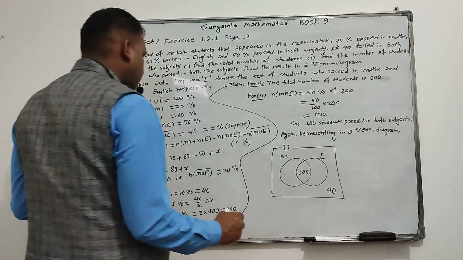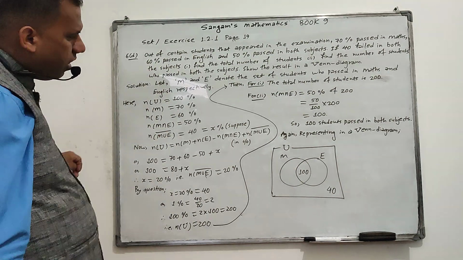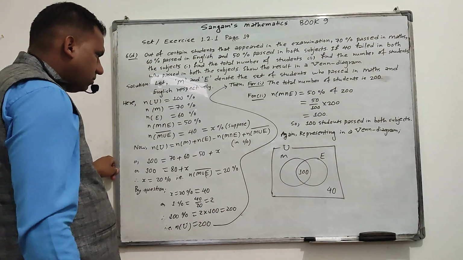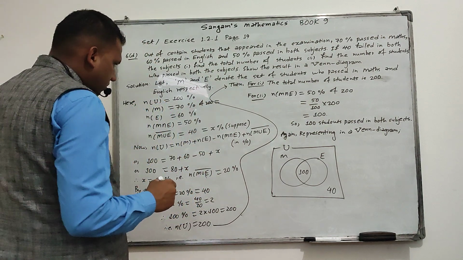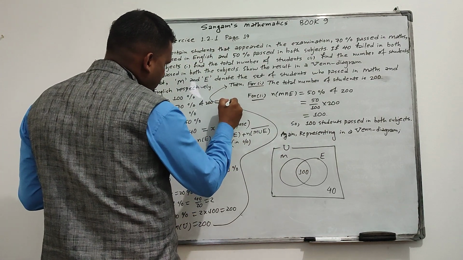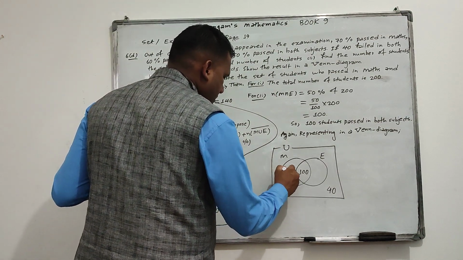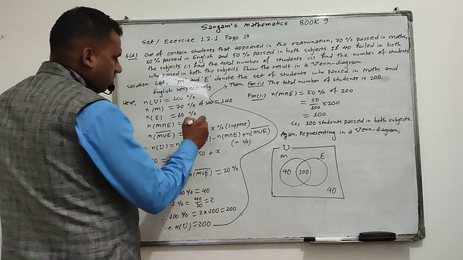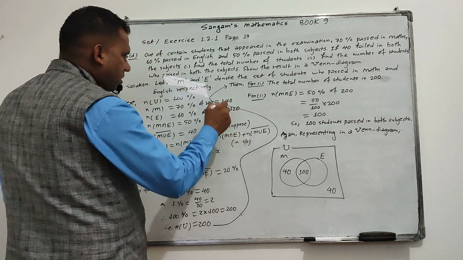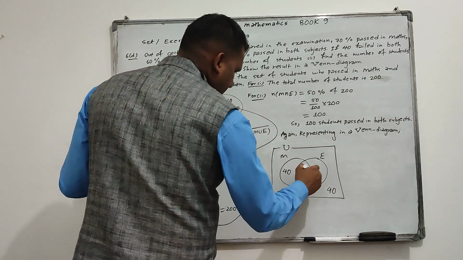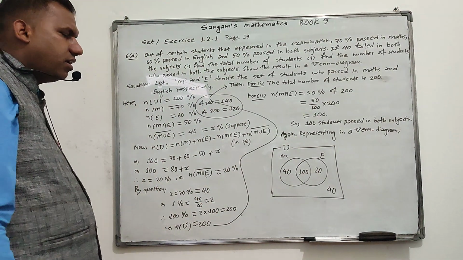Number of M is 70% of 200, equal to 140. So 140 minus 100, remaining 40. Number of E is 60% of 200, equal to 120. So 120 minus 100, that is 20. This is the required Venn diagram.